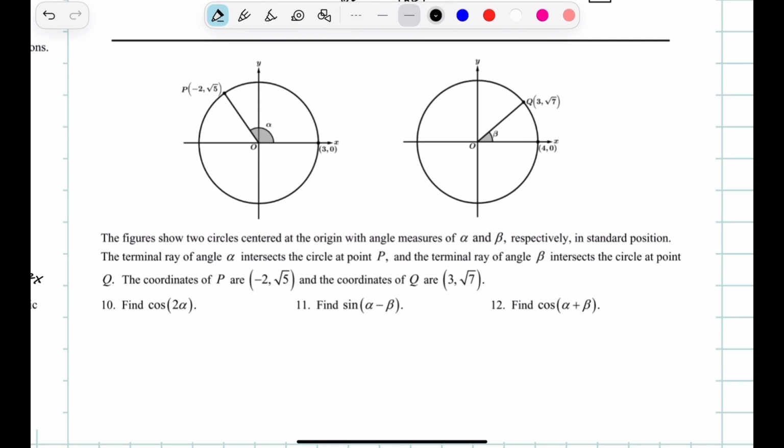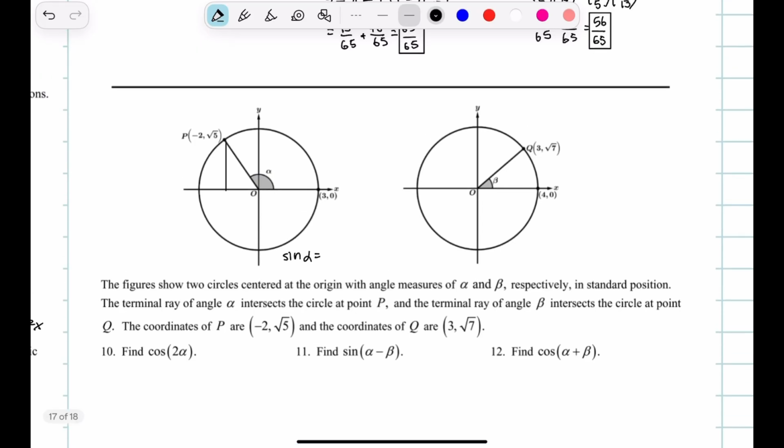This is basically the same thing again. We're going to start with sine of alpha. We can drop an altitude, and pay attention to this because that tells us the length of the radius of the circle.